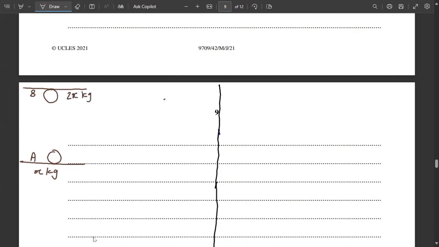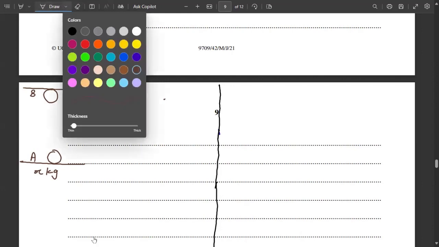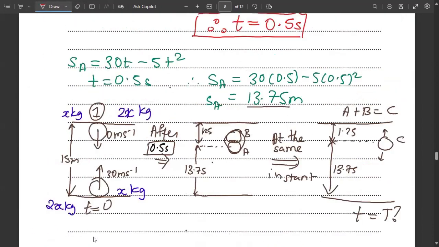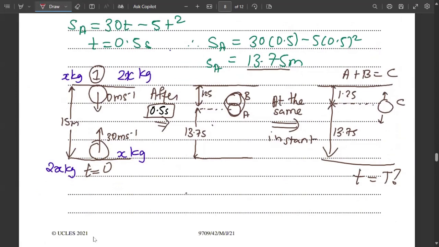And they both meet, where? At 15.75. Now there are some things which are constant for this question. What things are constant? Irrespective of the mass, both will meet at this point, and it will happen after 0.5 seconds. This is constant.